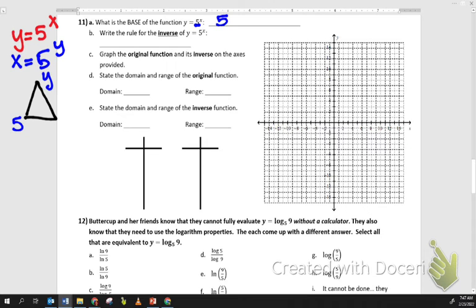The bottom would be x. Exactly. We had our base 5. We raised it to the y power. That goes up the left side of my triangle. And the other one is x. So if I want to write this in logarithmic form, where do I look on my triangle for log? On the bottom. I start here and I go across.